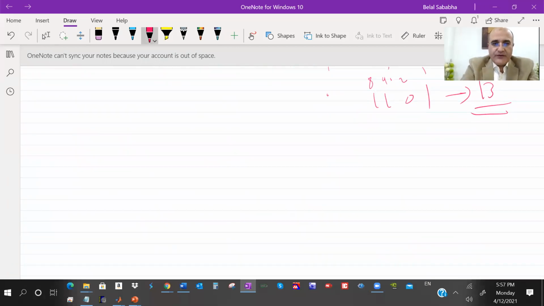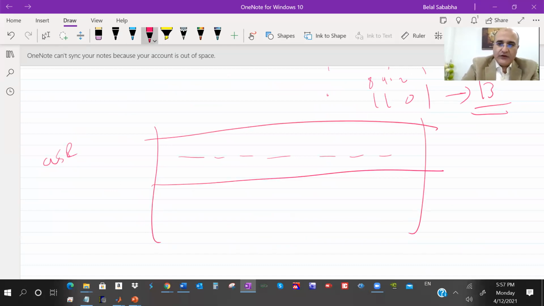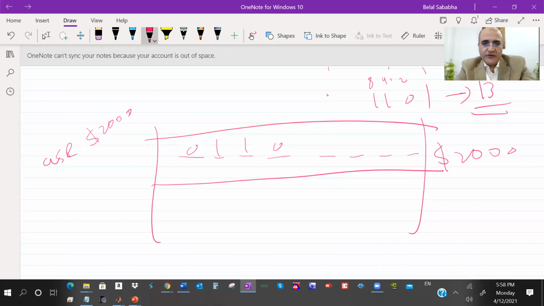So if we have a number, we want to do arithmetic shift right for this memory location, memory location 2000. So arithmetic shift right, memory location 2000, and here we have something like 0, 1, 1, 0, 0, 0, 1, 0. So this number is what? This is $62, right? So arithmetic shift right means that this bit stays as is, right?